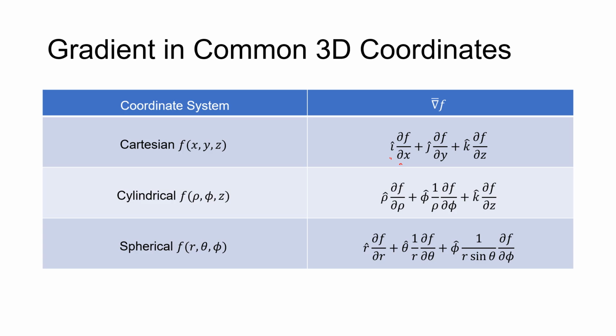In the case of cylindrical coordinates, rho, phi, and z, only the phi component will have a scaling factor which is not equal to 1. Here it is equal to rho. In the case of spherical coordinates, we have two angles, theta and phi, so there is some scaling factor. In the case of theta, the scaling factor is r, and in the case of phi, the scaling factor is r sine theta.